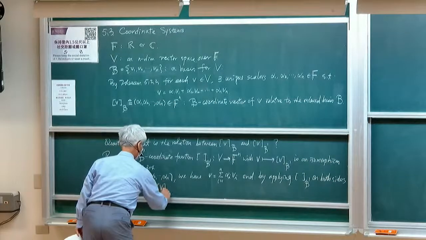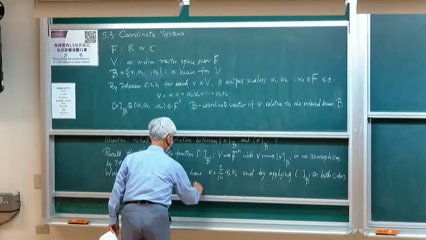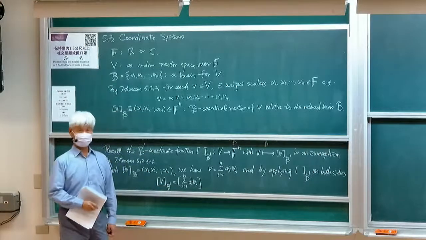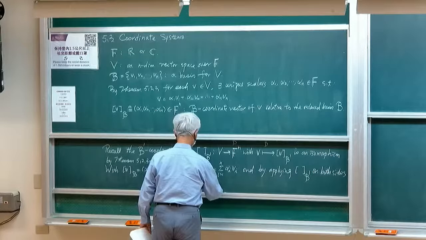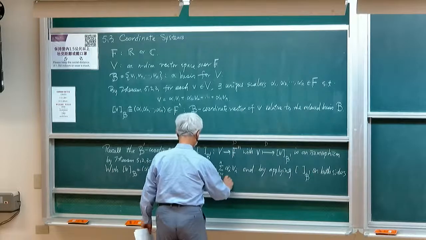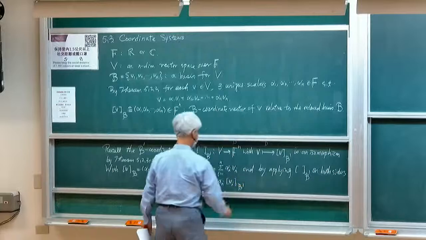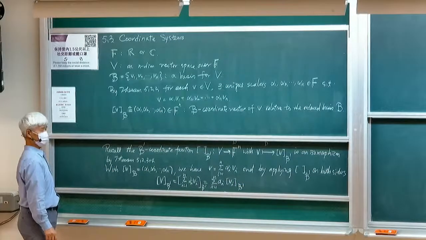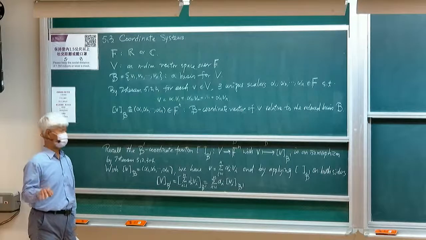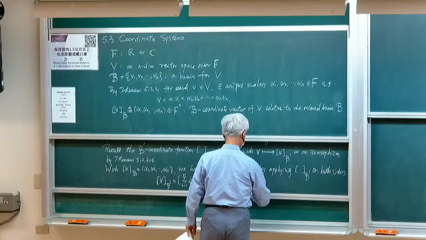Because the B prime coordinate function is an isomorphism, it has linearity, so we have the summation over i equal to 1 to n of alpha i times the B prime coordinate of Vi. Then we can write it in matrix form.